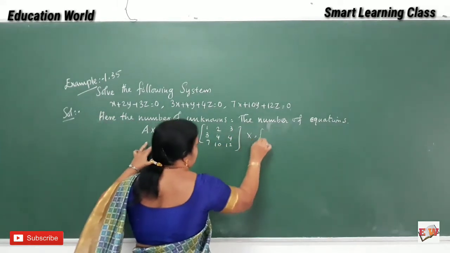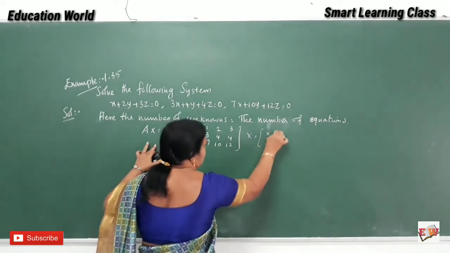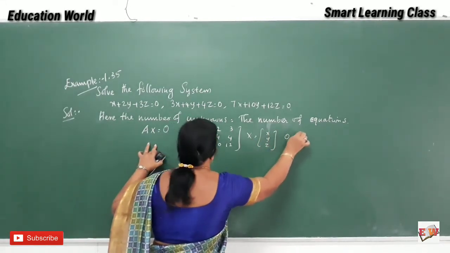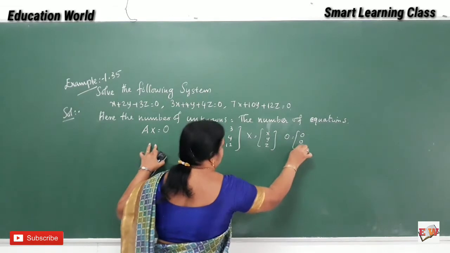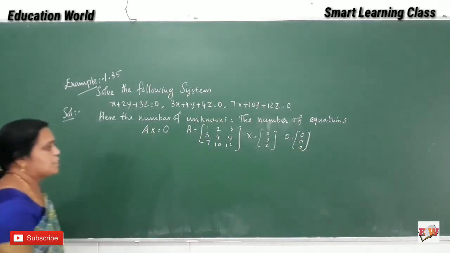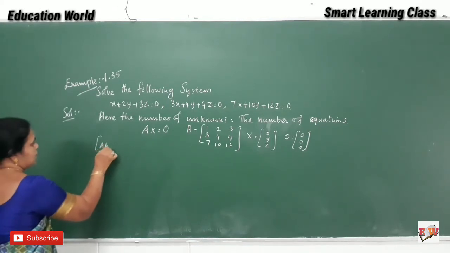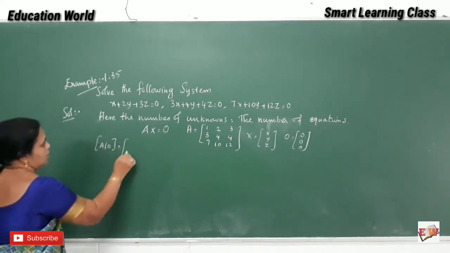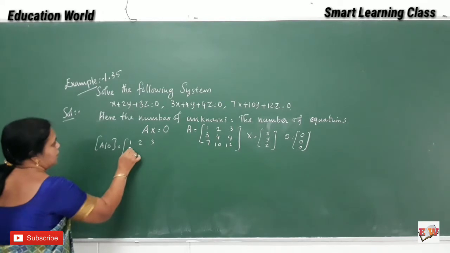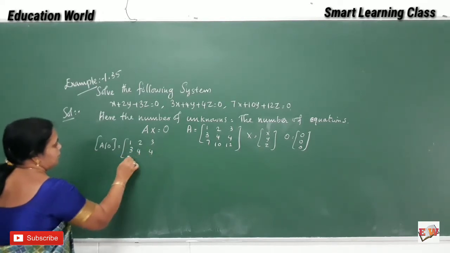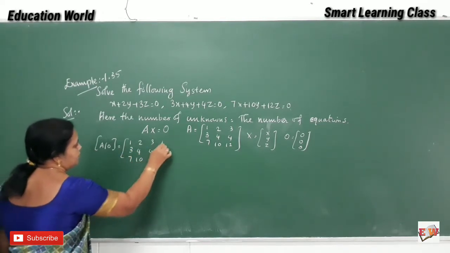X is equal to the unknowns x, y, z. Here O is equal to 0, 0, 0. Okay, first we want to write the augmented matrix by using this: 1, 2, 3, 3, 4, 4, 7, 10, 12.